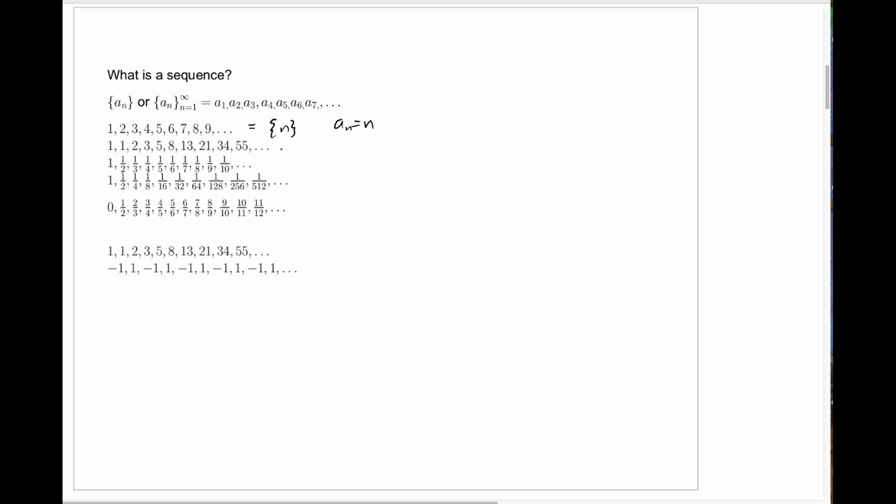Here we'll just give a name to this sequence. We'll call the sequence f sub n, where for the Fibonacci numbers, remember f1 equals 1, f2 equals 1, and for n greater than or equal to 2, we have f sub n plus 1 is just defined as the sum of the two previous terms, f sub n plus f sub n minus 1.